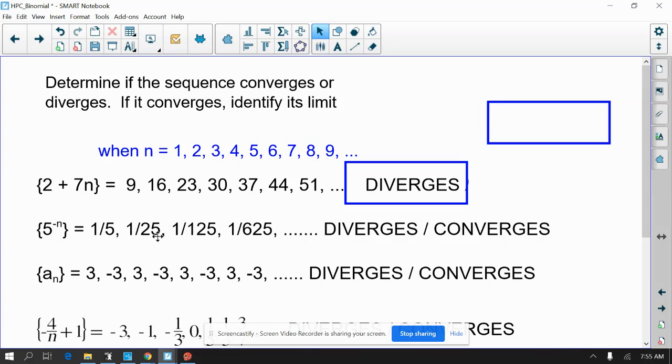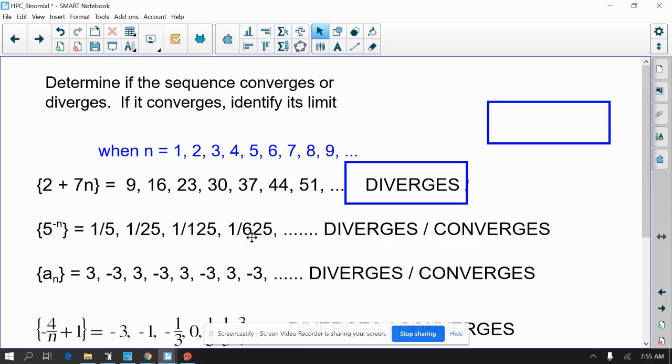This one, well, 1/5, and then 1/25th, and then 1/125th, 1/625th. Well, the numerator is staying the same. The numerator is just 1. The denominator is getting bigger and bigger. And we've studied this type of number before. If you have one pizza and you have to serve many, many people, then essentially everyone gets nothing.